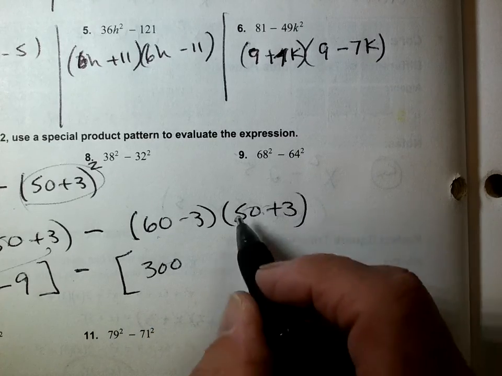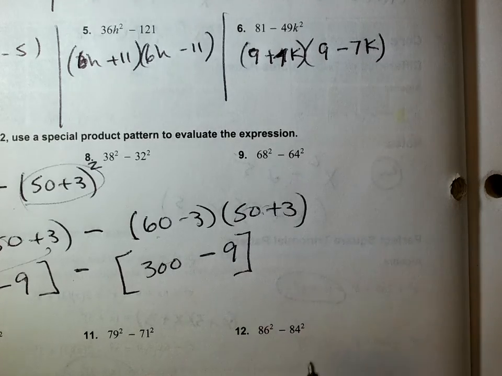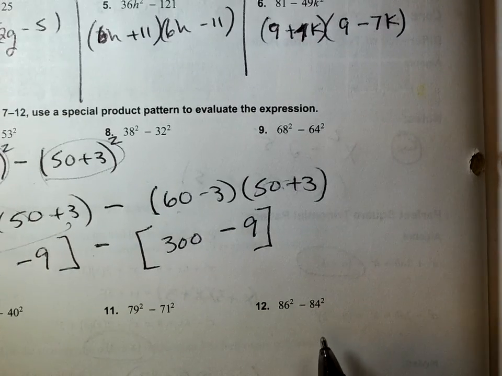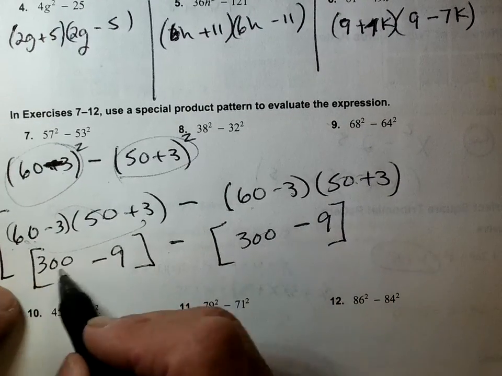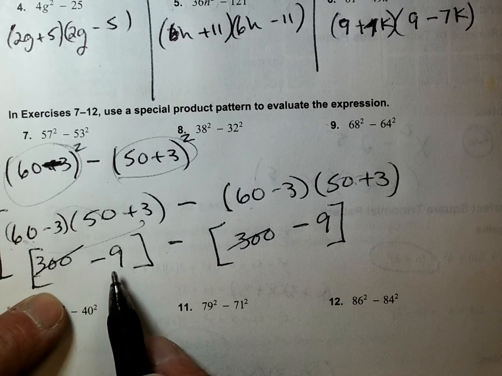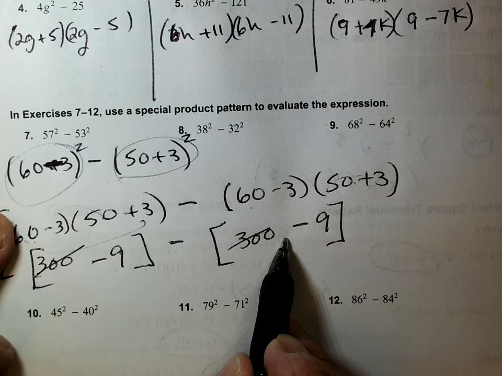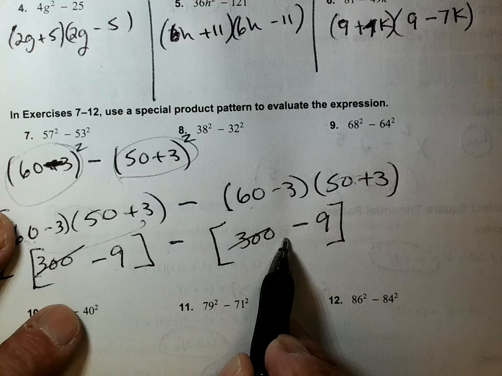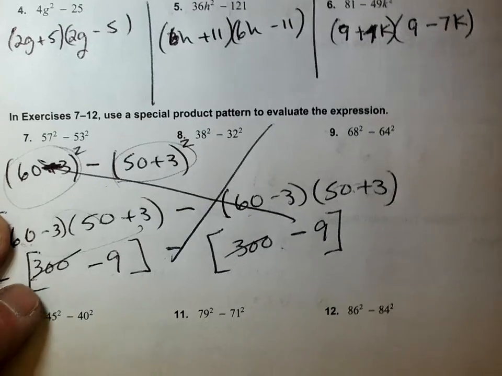And then I'd get a minus 9, right? And then 300 minus 300 cancels. And that's a negative 9 minus 9, which is negative 18. We'll come back to this because you guys are going to just use a calculator anyway, right?